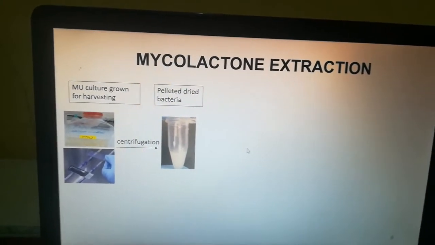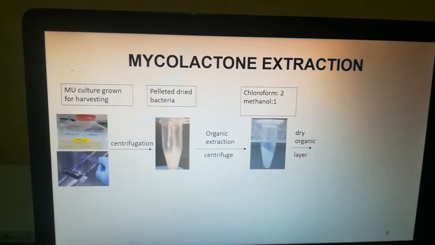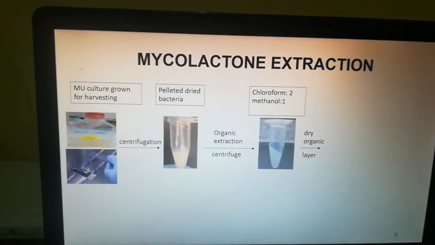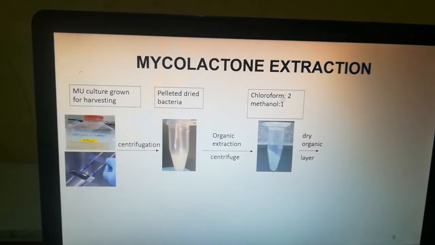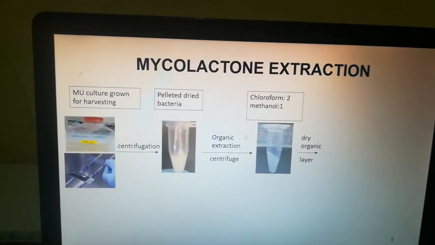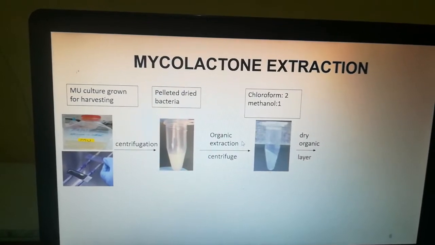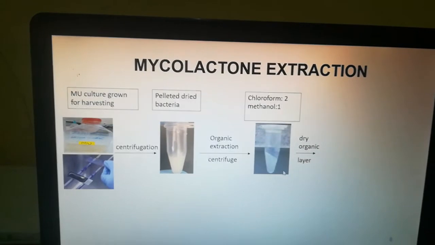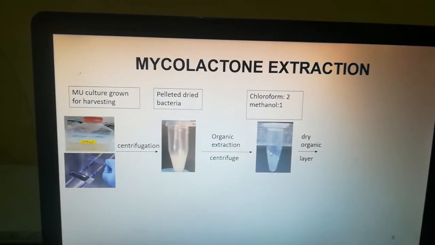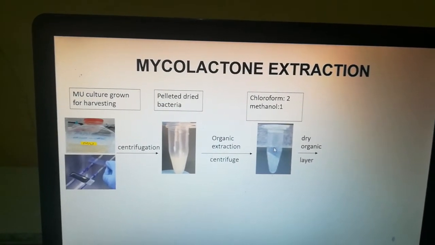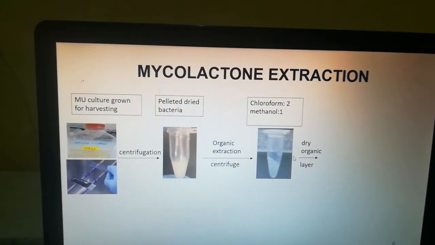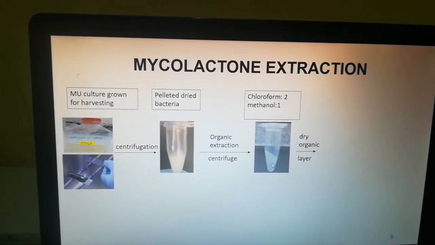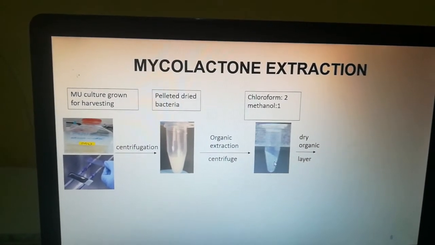Once the pellet is dried, you subject it to organic extraction, where you use organic solvents like chloroform and methanol in a ratio of 2:1 to get your organic separation, where you get your organic layer, which is supposed to contain your lipids, your proteinaceous layer and then the aqueous layer. But since mycolactone is a lipid, we expect it to be in the organic layer.